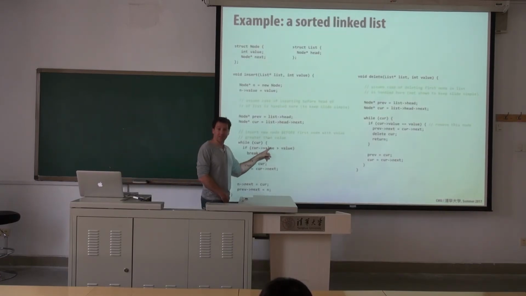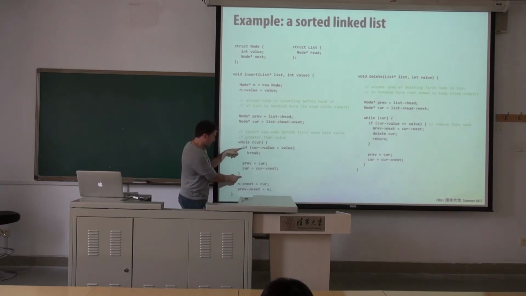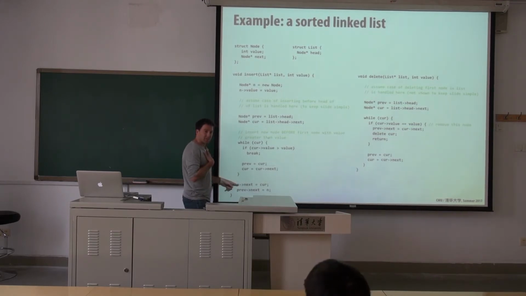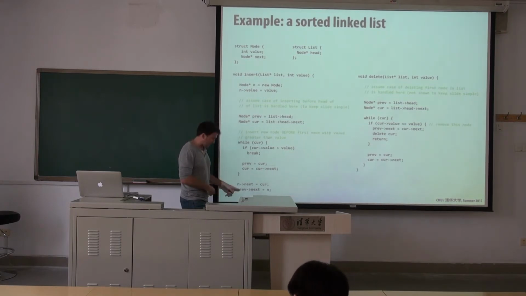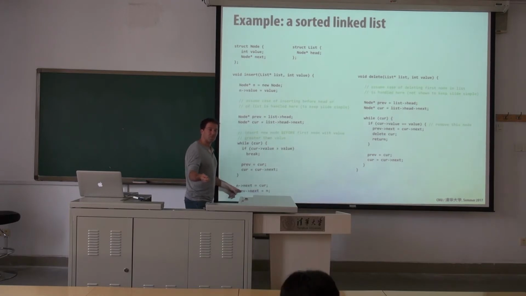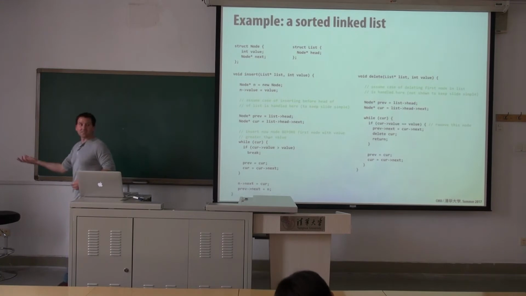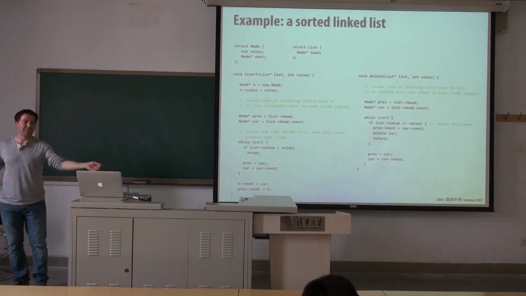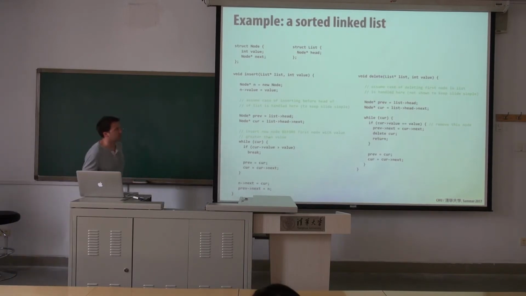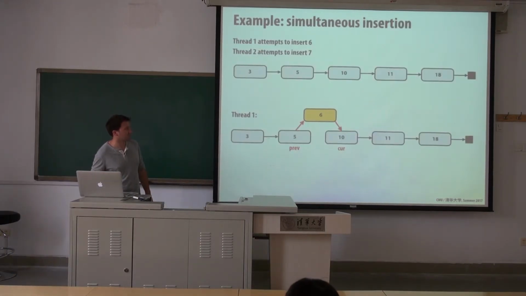Current's value is 10, which is greater than 6 or 7, so we stop. Then my new node is going to point to 10, and 5 is going to point to my new node. One of the threads is going to make 5 point to its node, and then the other thread is going to completely overwrite that pointer and make 5 point to its node. So one of the insertions just got lost.